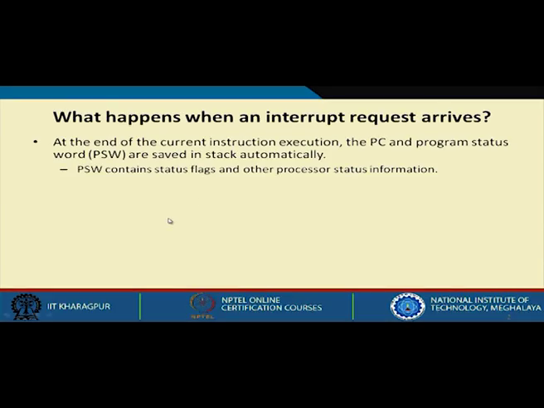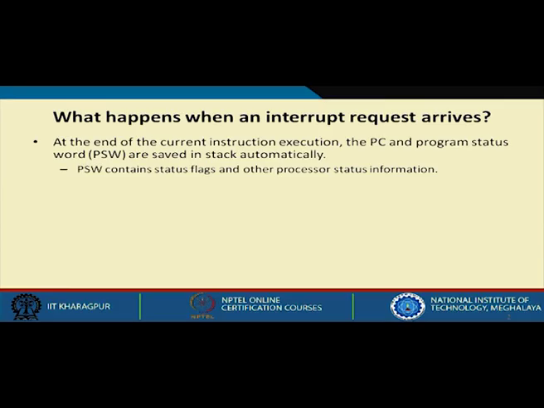Typically in computer systems where there are status flags, PSW will contain status flags and some other processor status information regarding which level of privilege it is working on, and so on and so forth. Now, you may recall in the MIPS 32 processor we do not have any such status flags. So, saving of the PSW becomes much simpler there.